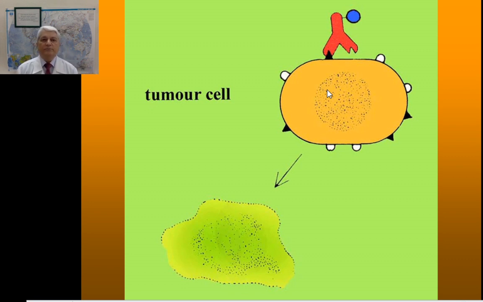There are many different types of such monoclonal antibodies, from which scientists can take only the antigen binding fragment, or even only the variable domain of heavy chain and the variable domain of light chain. Or sometimes they can take only the antigen binding site and include it in the human immunoglobulin.